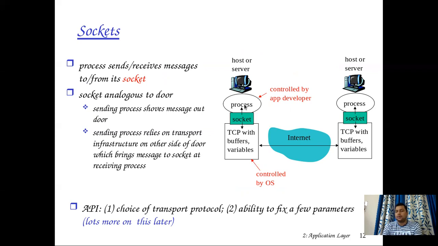Suppose the address is X and the process port number is Y, then the socket address would be X:Y. That will be the socket address.